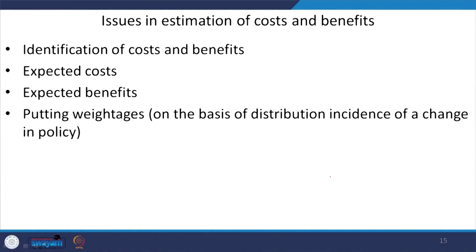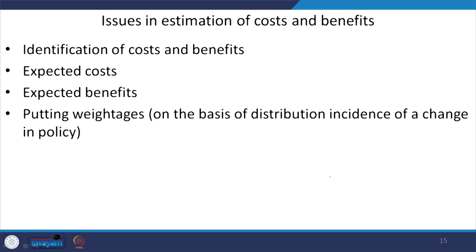And moreover, there is the putting of weightage. The very premise of cost benefit analysis is that we give more weightage to the less privileged income groups or less privileged sections of the society to whom the policy is urgently necessary.